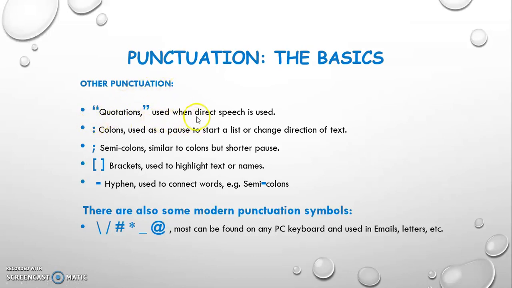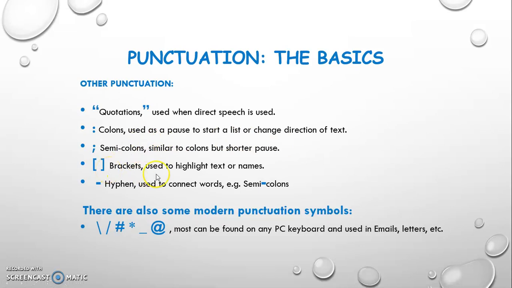Colons are used as a pause to start a list or change direction in a speech. Semicolons are similar to colons, but with a slightly shorter pause, so you can use one instead of a comma to create a list. What this means is the reader reads the list at a slower pace than a normal list. Brackets are used to highlight text and names.